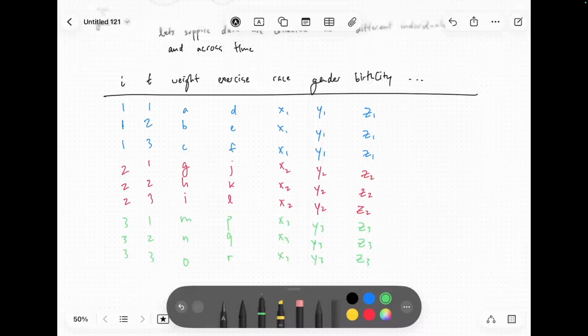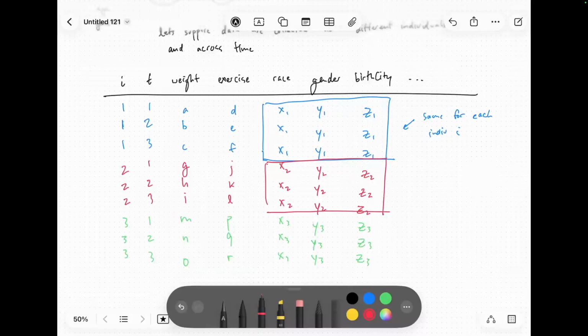Okay, so what you can see in this data is that there is a whole set of data that are the same for each individual i. And so you observe variation between individuals, but you have groups of data within the individual that doesn't vary.